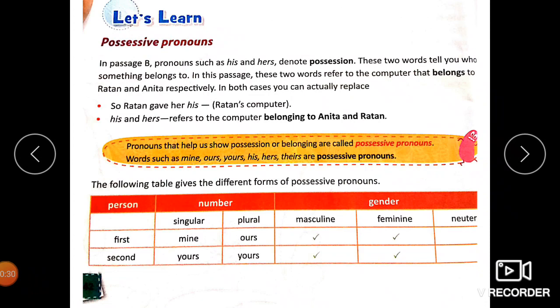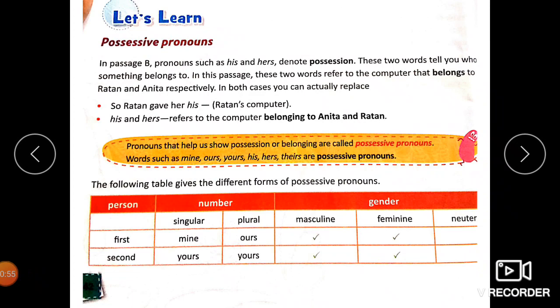I had sent in your previous class a worksheet on subjective personal and objective personal pronouns. I hope you have practiced those, and I'm sure after practicing those sentences you must be now sure about identifying subjective personal and objective personal pronouns.